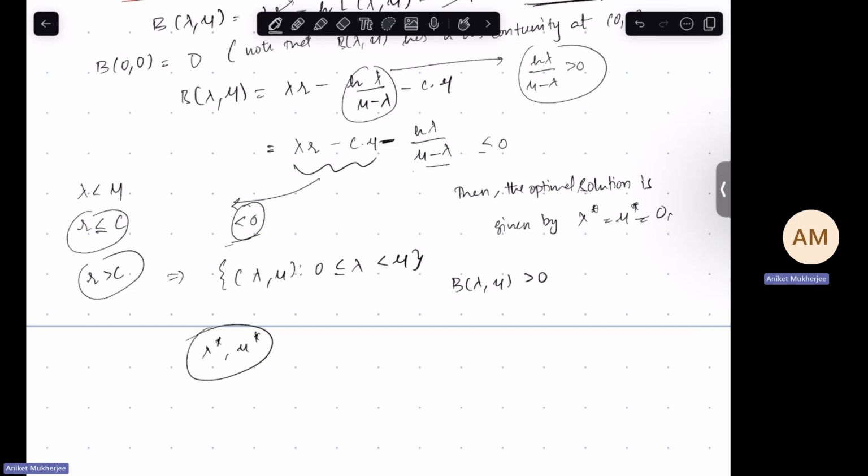And even if it is feasible, you have to check second order conditions, to show that B(lambda, mu) is jointly concave in lambda and mu. If B(lambda, mu) is not jointly concave, then you have no guarantee that the first order condition that you have used to find lambda star and mu star are actually the optimal.